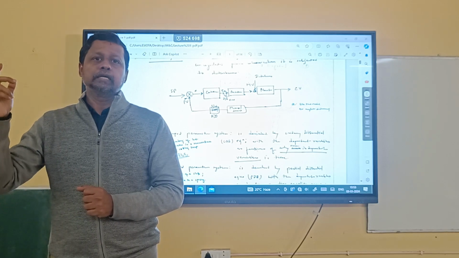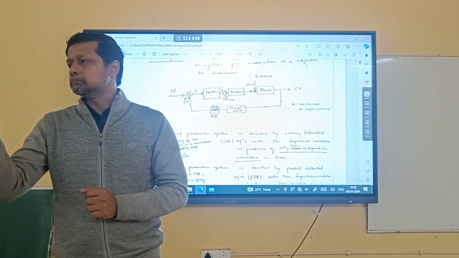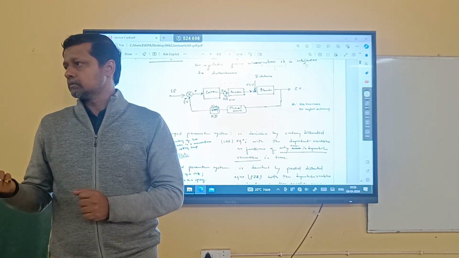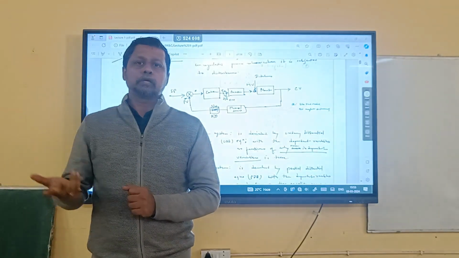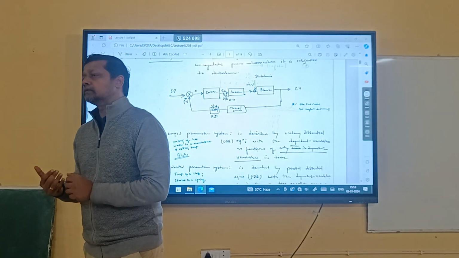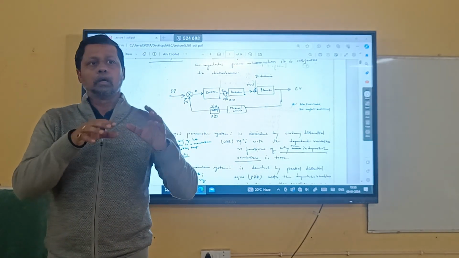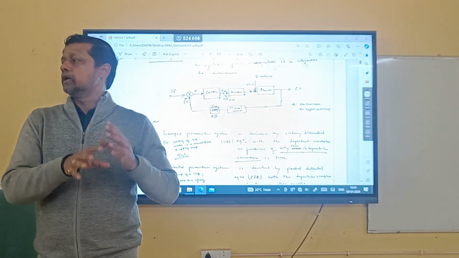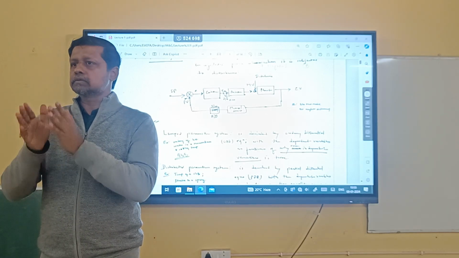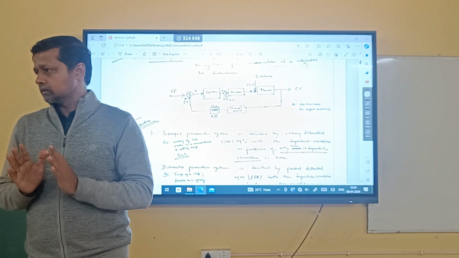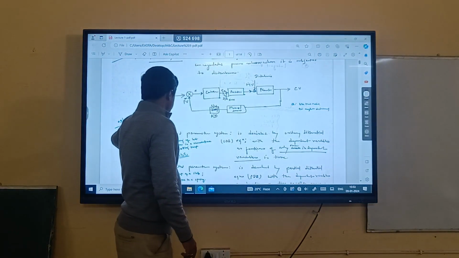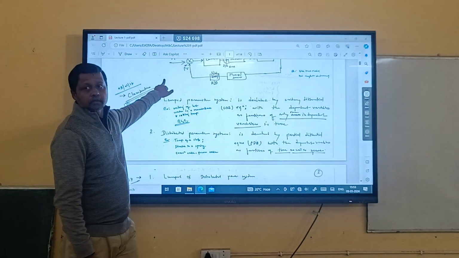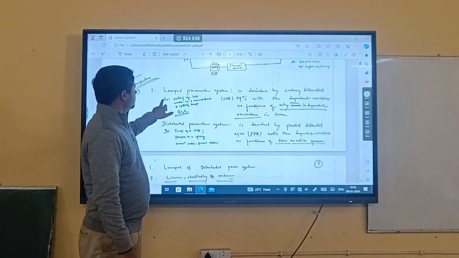Because you know that it varies month to month, season to season. If there is some abrupt or abnormal condition that puts an abnormal impact on the manufacturing process, then we regulate it. If not, then just keep on monitoring. Clear? So in process control, you need both discrete and continuous systems.